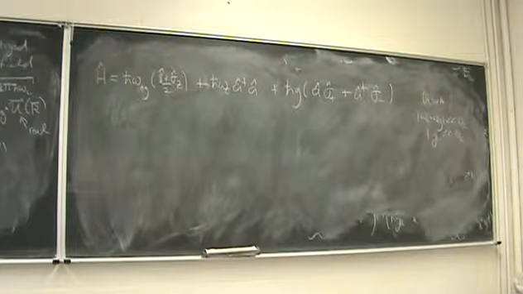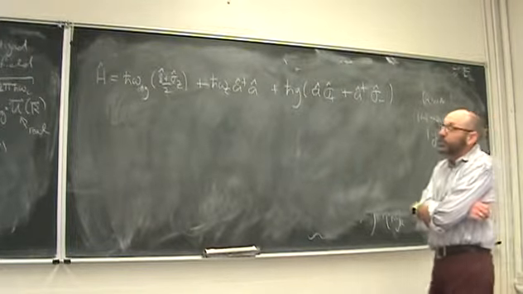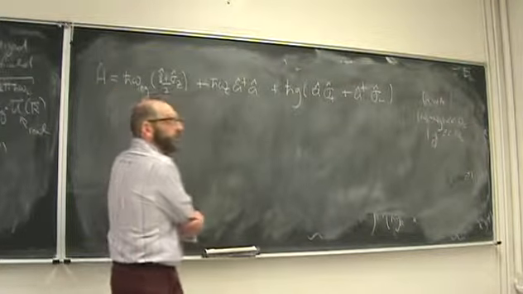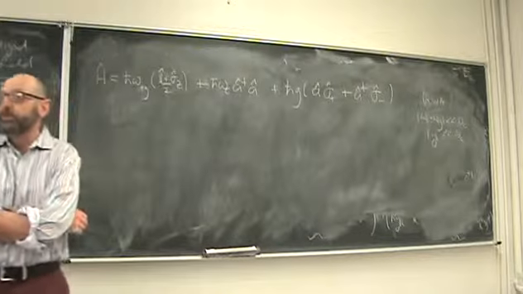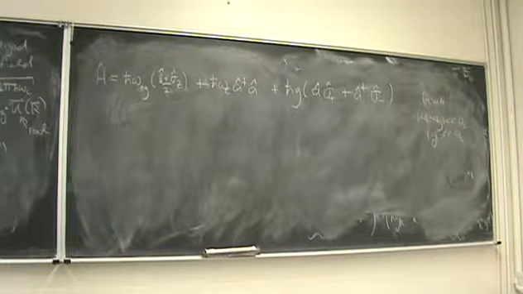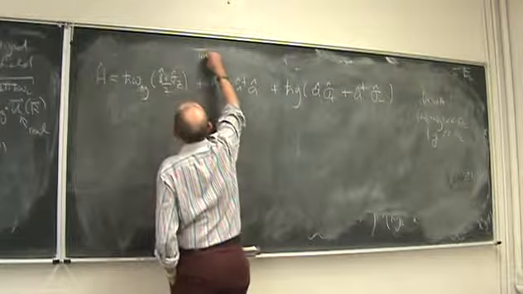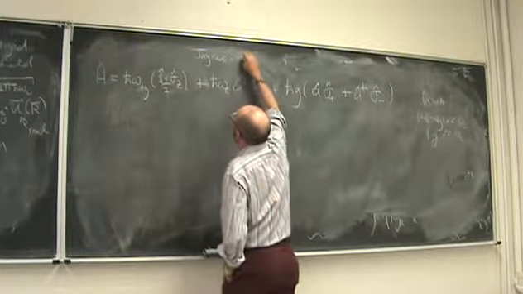All right, so this is a very nice and simple Hamiltonian that describes the interaction of matter with the quantized field, in the situation where we just have one mode. And this is known as the Jaynes-Cummings Hamiltonian.